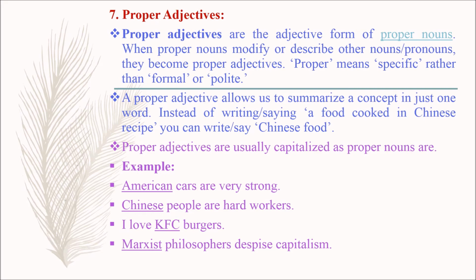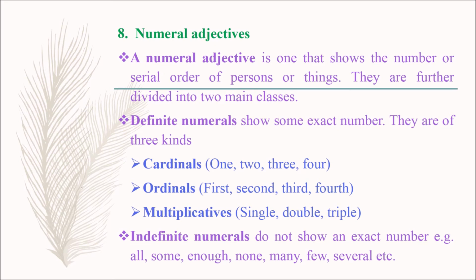Next, we are going to learn about numeral adjectives. A numeral adjective is one that shows the number or serial order of persons or things. They are further divided into two main classes, definite numerals and indefinite numerals. Definite numerals show some exact number.